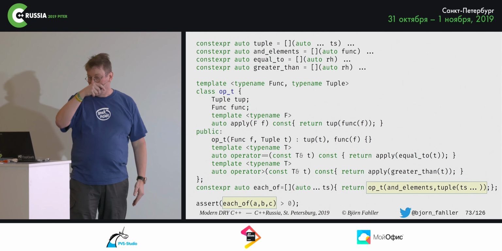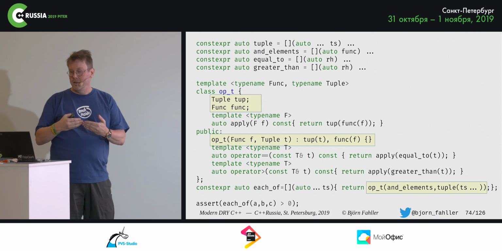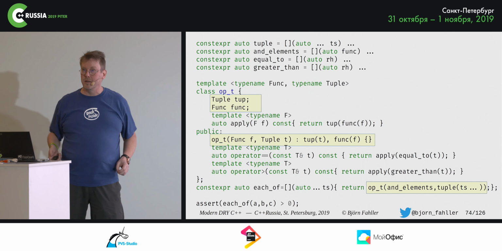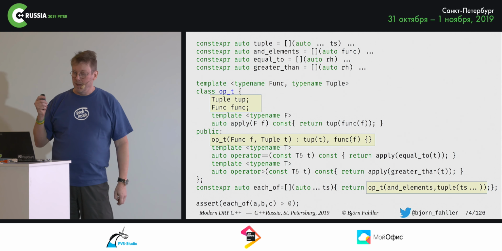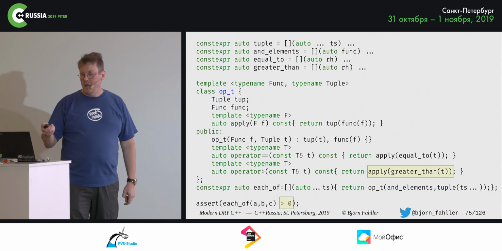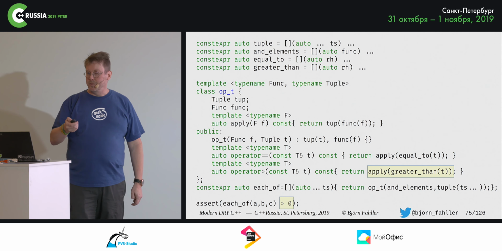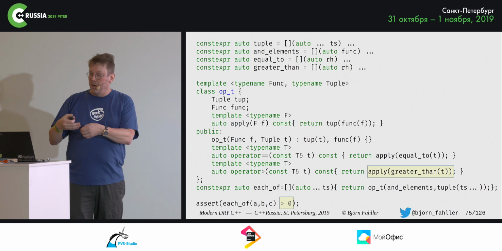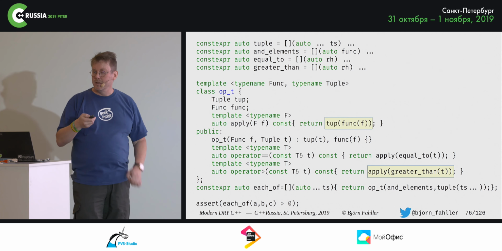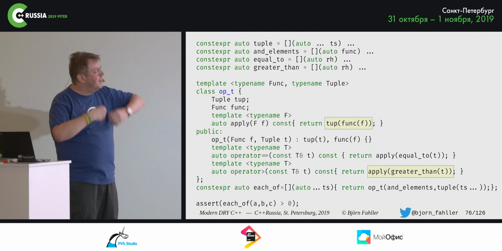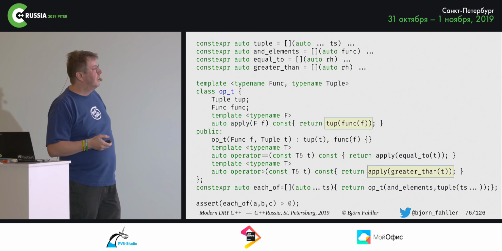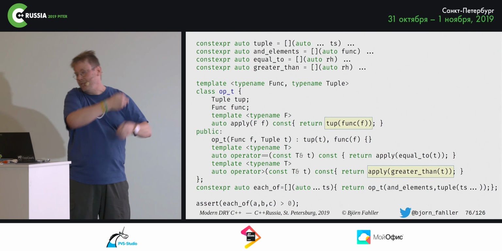The constructor for opt takes something that is callable, that is and elements and the tuple, and stores them as member variables. When we then call greater than 0, it returns apply greater than t is 0, and apply is this function that does this indirection via the func that was and elements. So a lot of indirections in here.